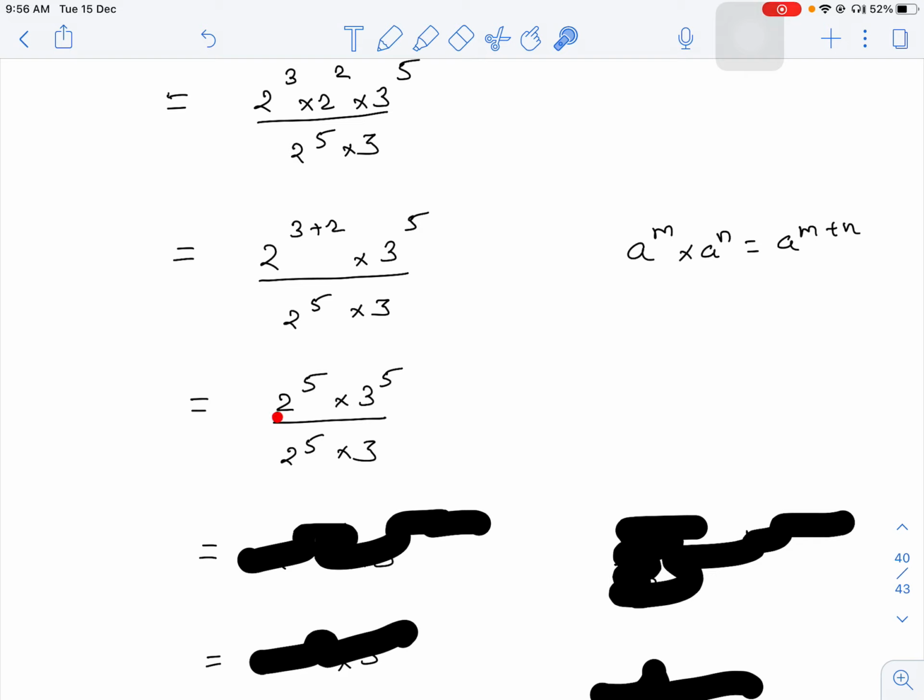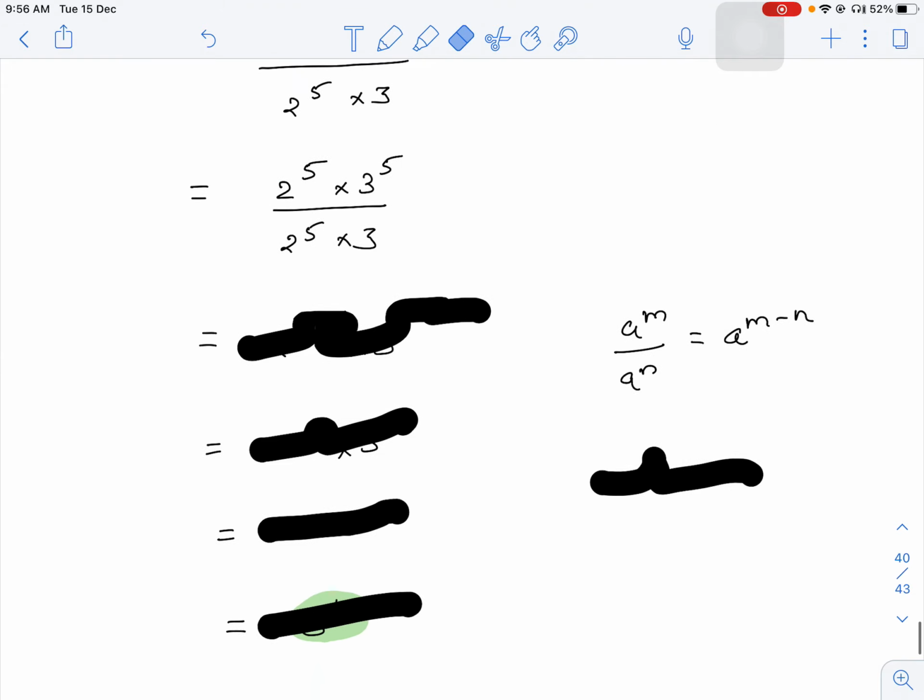Now again, these two numbers have the same base and are being divided. We have learned a rule: if two numbers with the same base are divided, we subtract the powers.